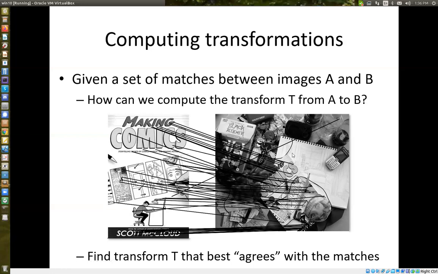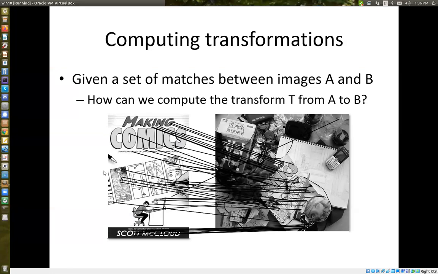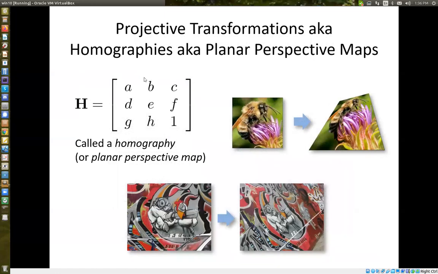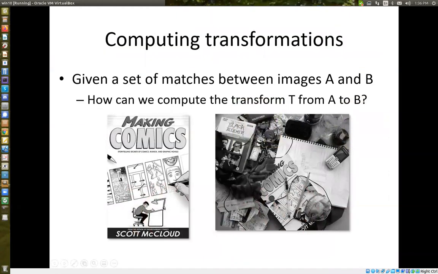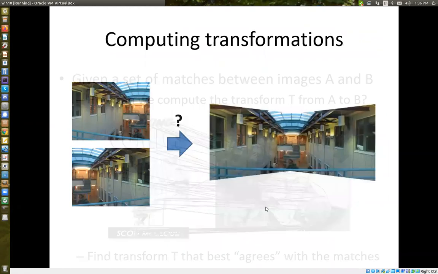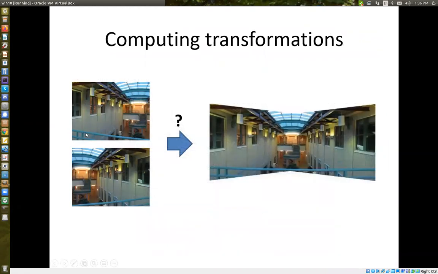This scaling and rotation will end up combined into this homography, right? So I just want to determine this homography matrix. If I can find it, then I can apply it on this image and warp it into this one here, right?